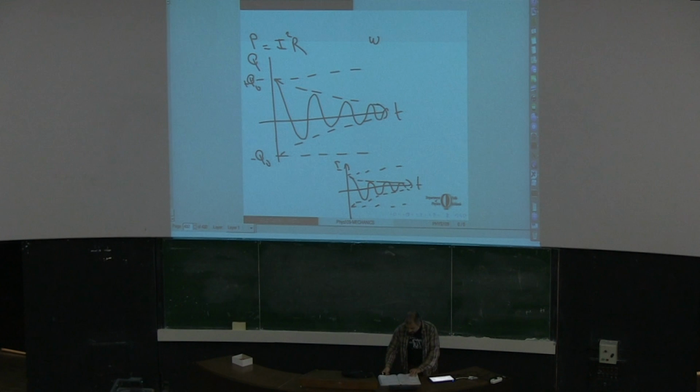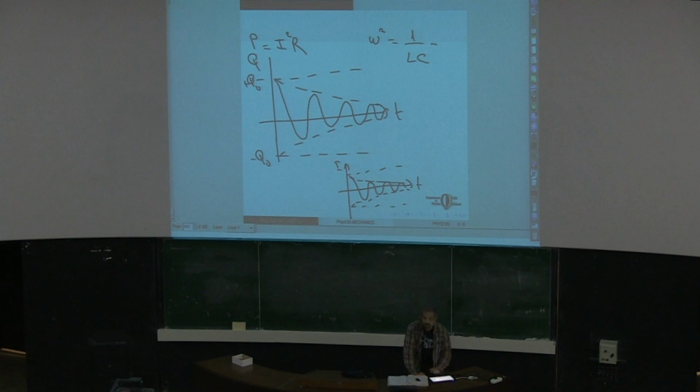Now, quantitatively, there are two things that change. First of all, the frequency. Remember, the frequency in the absence of the resistor was 1 over LC. But if you remember the RC circuits or RL circuits, what the resistor does is it prevents the increase of the current. It slows down the change in the current.